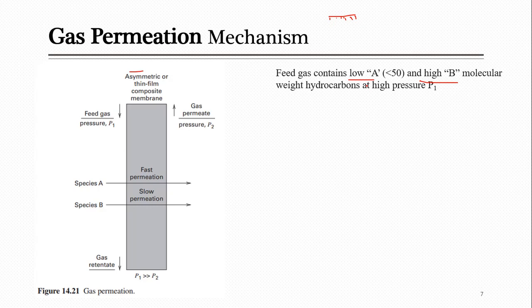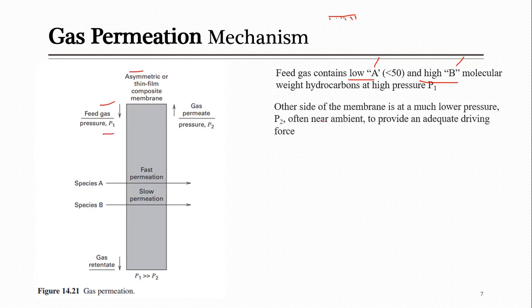For this example, low molecular weight hydrocarbons are represented with A, and their molecular weight is less than 50, while for the heavier ones it will definitely be greater than 50, and they are represented with B. They are entering this system at feed gas pressure P1, and on the other side, through this membrane some of the components will pass. For species A, all those with low molecular weight can pass quickly through this membrane, because all these are hydrocarbons.